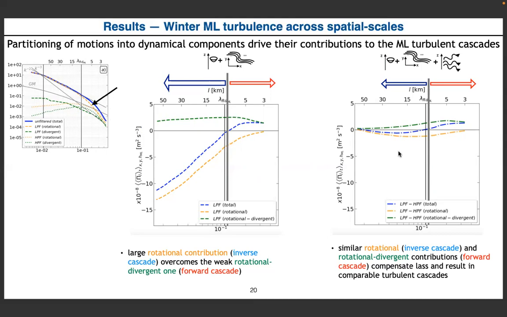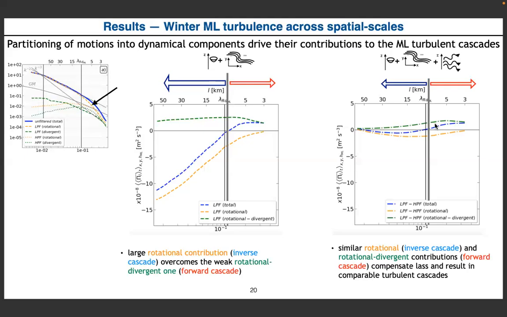When we look at the coupling between the low-pass and high-pass filtered motion, with the high-pass filtered motion being roughly equipartitioned between rotational and divergent components, they do an inverse and forward cascade of similar magnitudes, which weakly compensate. So this is why we get a roughly similar inverse and forward turbulent cascade.